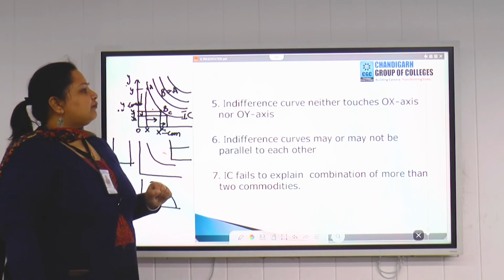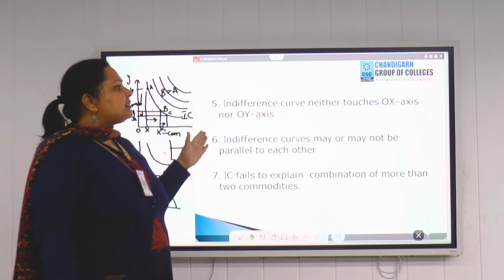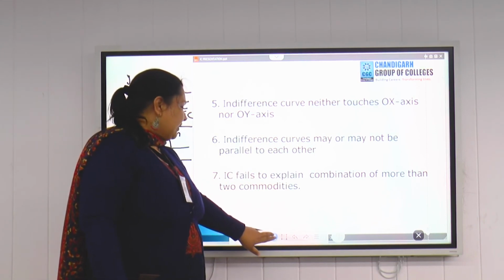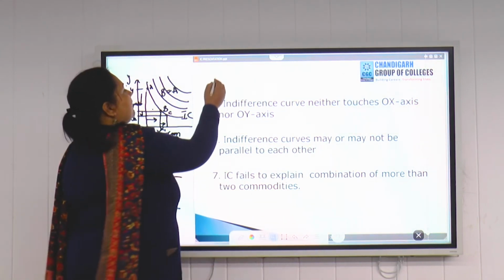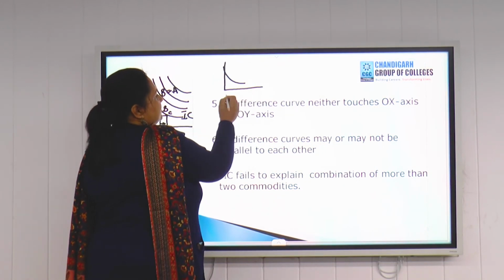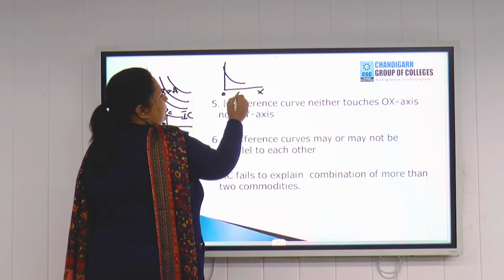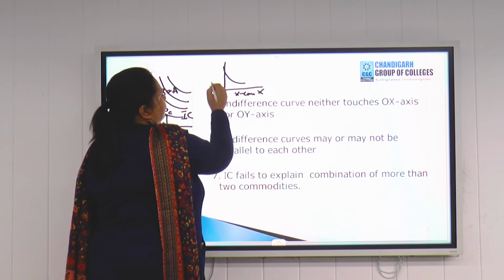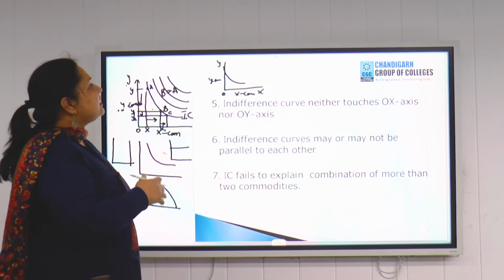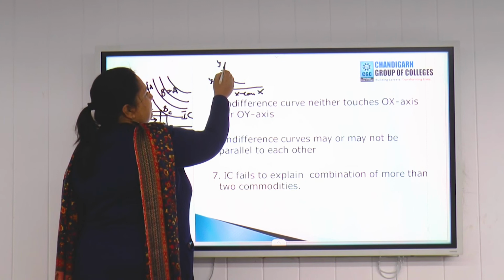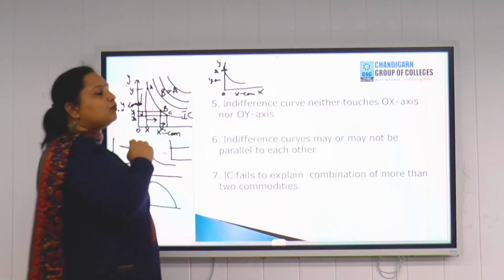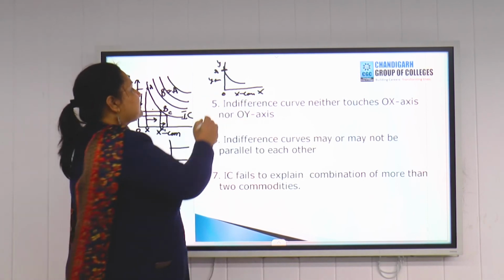Next property of indifference curves is that an indifference curve neither touches the OX axis nor the OY axis. Suppose I have touched this. Why will this be wrong? X commodity, Y commodity. Now, what is this diagram representing? This is representing that I am purchasing only Y commodity by OA amount and I am not consuming X commodity.